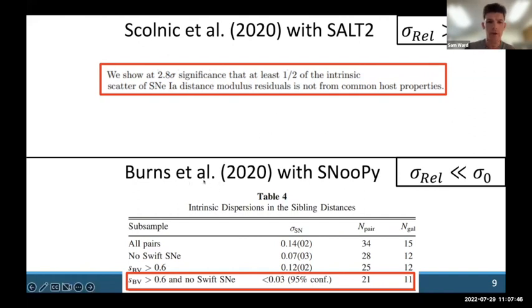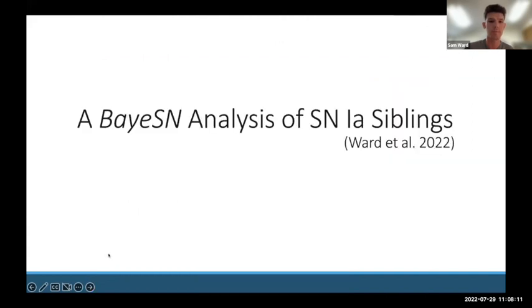A separate study, Burns 2020, looking at a different sibling sample using a different model, after they make some sample selection cuts, they find a small relative scatter value. So you've essentially got a tension between these two scenarios. And I think figuring out which of these scenarios is closer to the truth can ultimately help you better understand your supernova host correlations and in turn improve standardization. So that's the utility of type Ia supernova siblings.